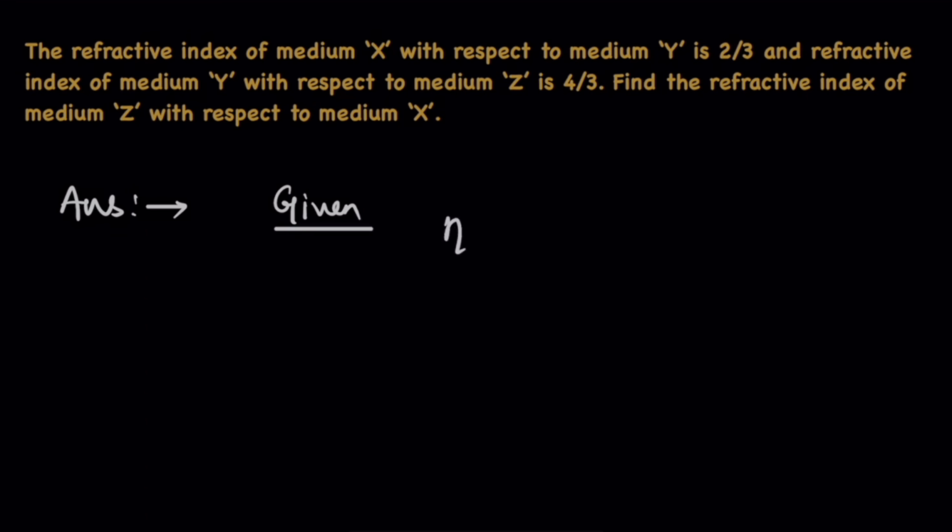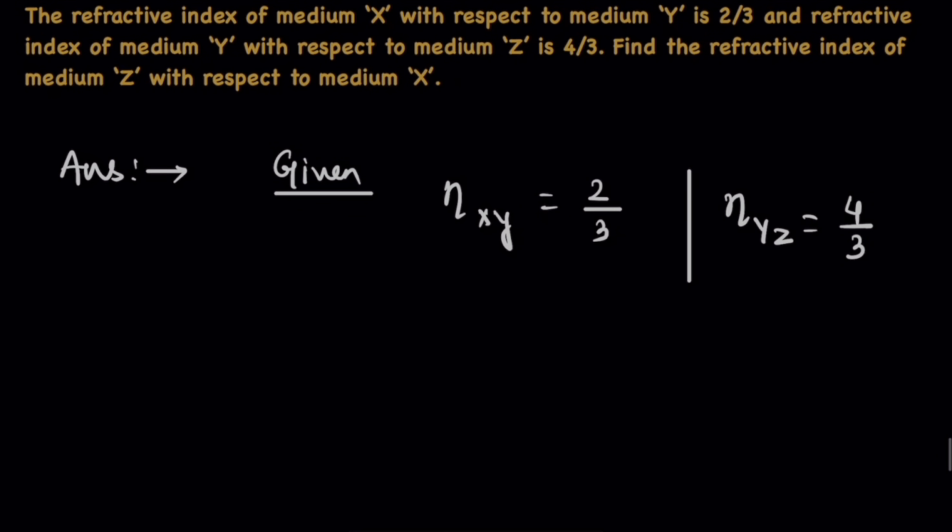Refractive index XY is equal to 2 by 3. Refractive index YZ is equal to 4 by 3. And we need to find the refractive index ZX.